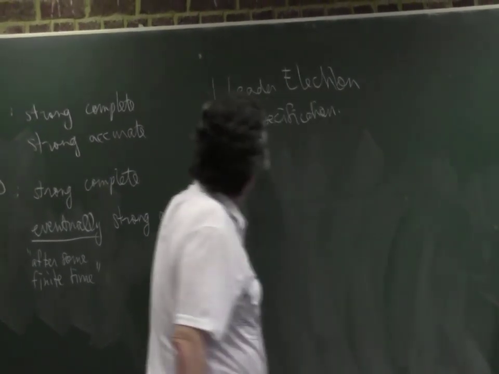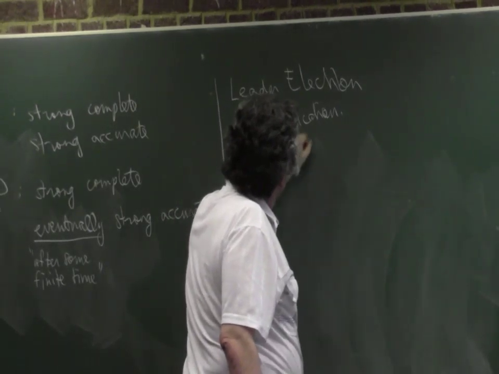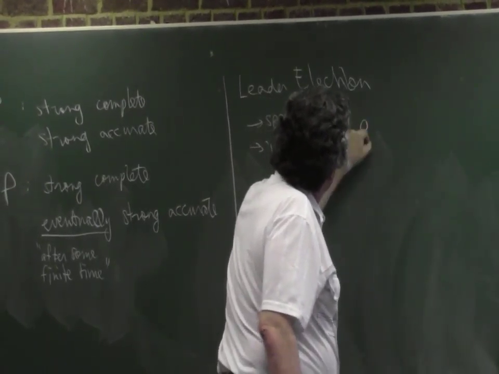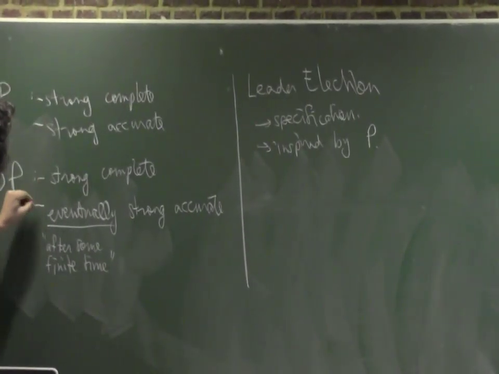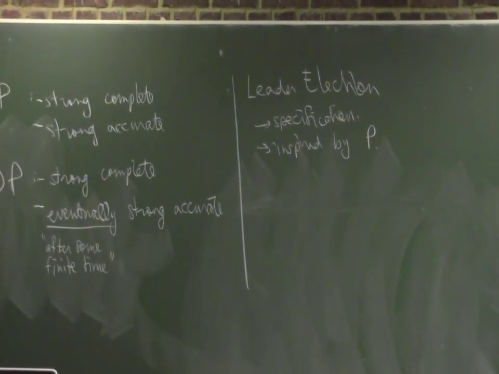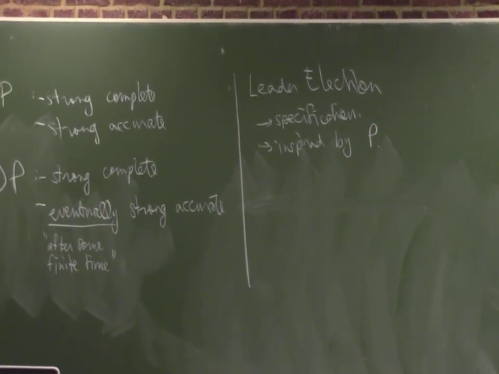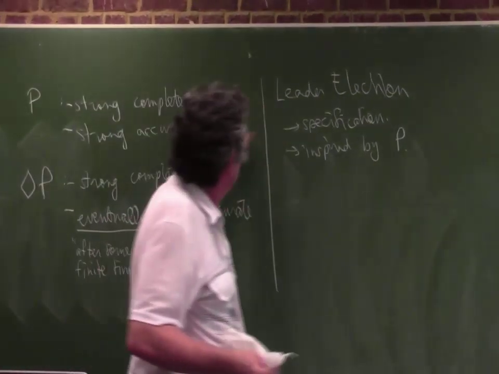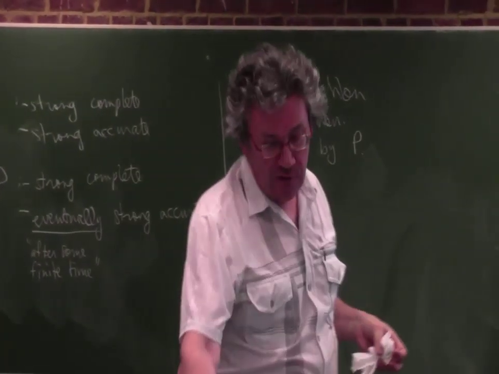I'm going to write the specification inspired by this. Here we have two properties. Leader election is actually similar to P in some interesting way, and so we can take inspiration from this specification.